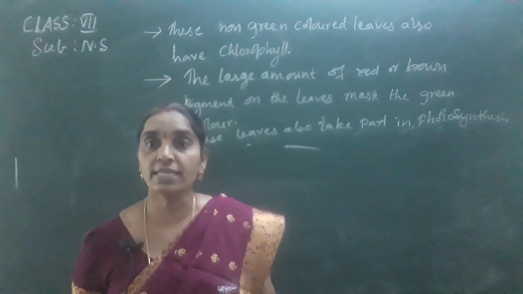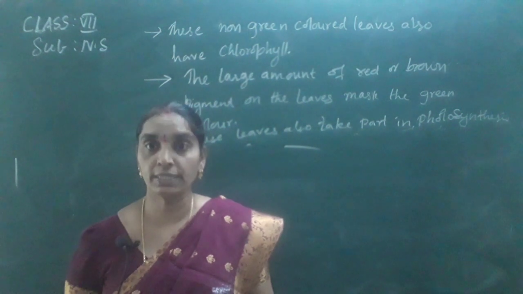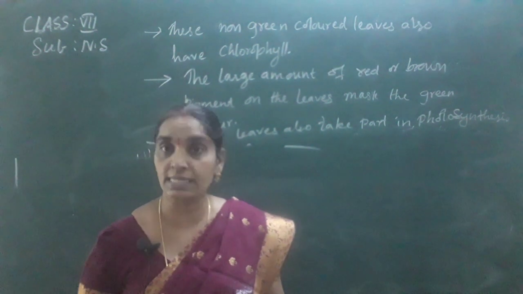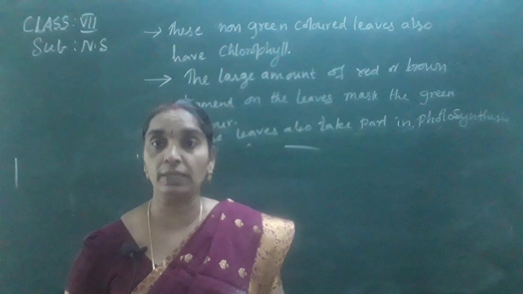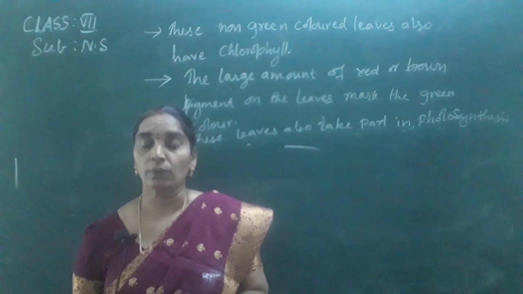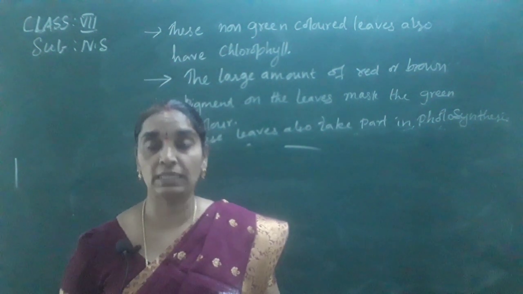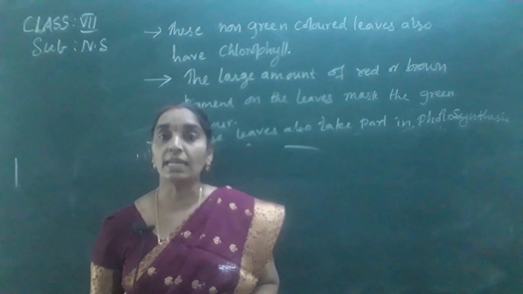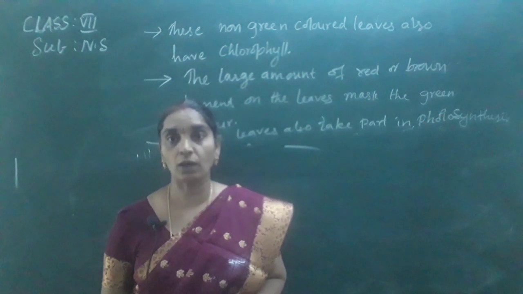Okay children, so this is about the confirmation test that sunlight is essential for the preparation of food by the plant. So the next experiment, activity 3, is whether sunlight is essential for photosynthesis or not.